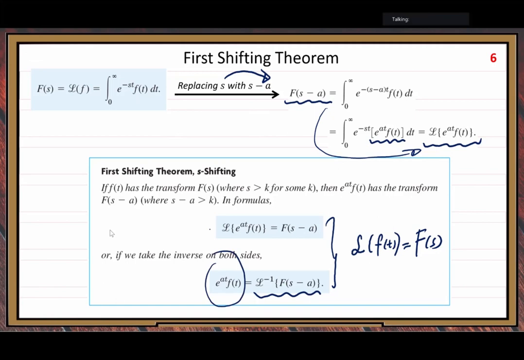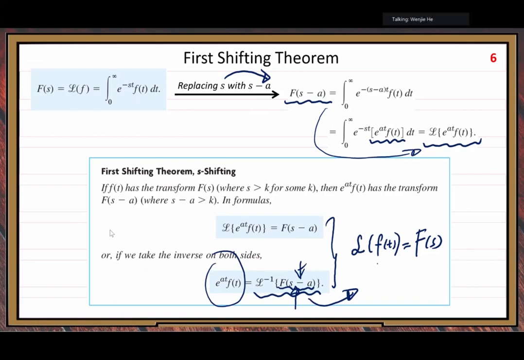Many times when you calculate the inverse Laplace transform of a function with a shift, people apply this formula. You need to calculate the inverse Laplace transform of some capital function with a shift, minus a, plus a, you just control the sign.